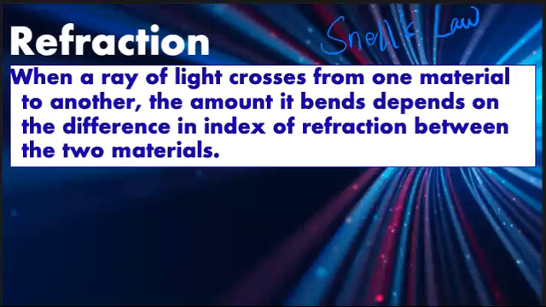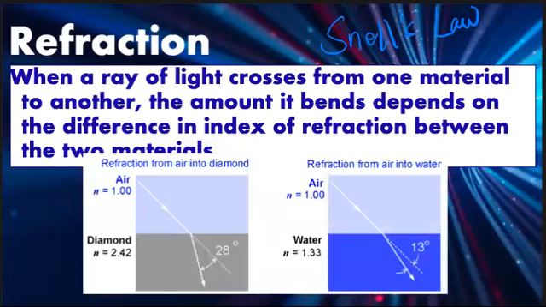We're not going to talk about the law, but basically what we've learned here is that the light ray is bent as it passes through a medium. You get to see a refraction from air into diamond.